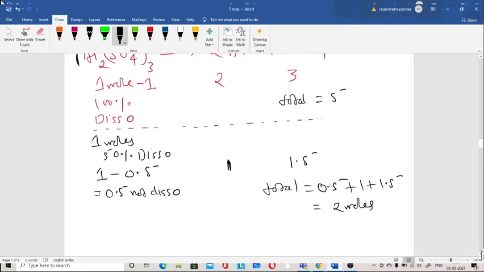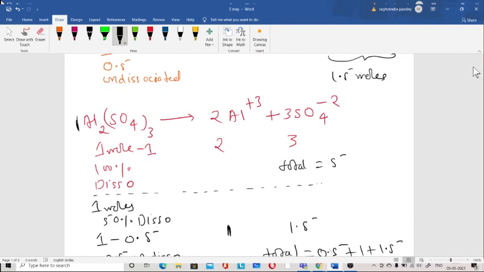Any question? Sir, in the above equation, when we took 1 mole of Al2(SO4)3, should the total be 6 moles? No. Out of one, this entity, this molecule has totally vanished.